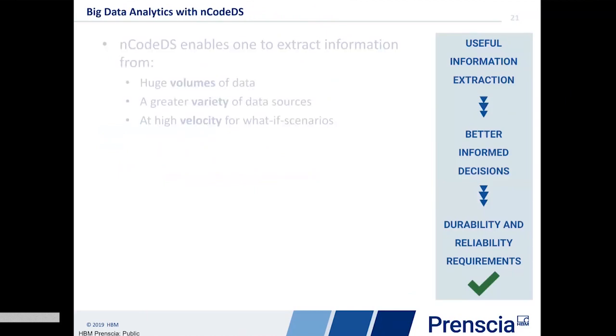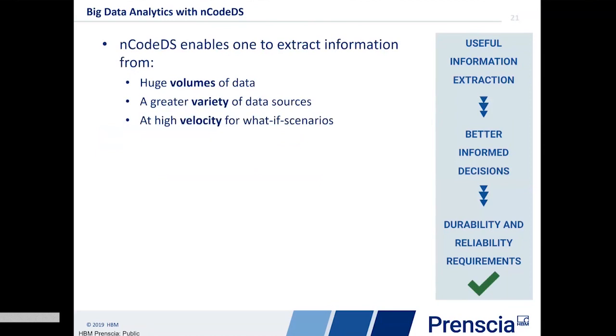So nCodeDS enables an engineer to extract information from huge volumes of data, whether it's flat CSV files, or data that's contained in a database. We've got means to access, extract that information, and process it, right? The data is typically coming from different data sources. It's not purely test and measurement data, but comes from all sorts of different inputs.